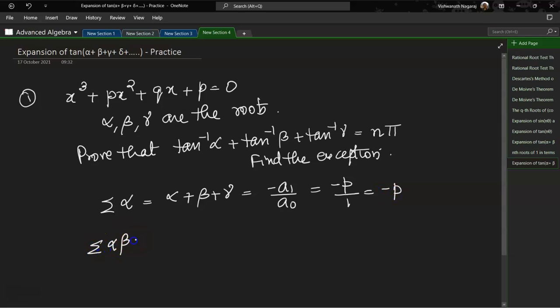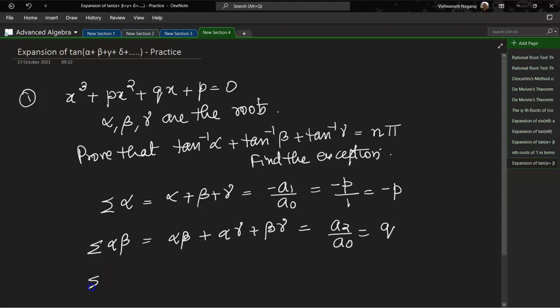Summation of alpha beta, which is equal to alpha beta plus alpha gamma plus beta gamma, which is equal to a2 by a naught, which is q by 1, which is q.